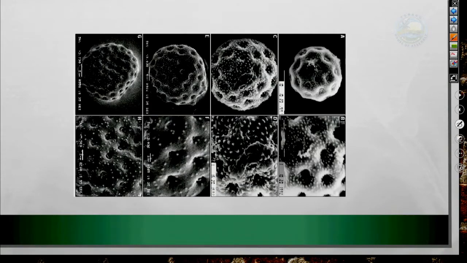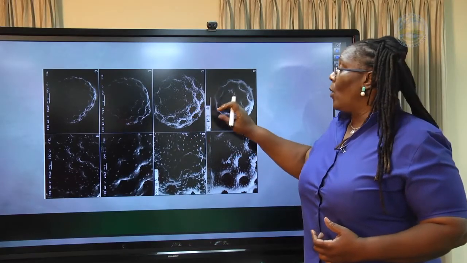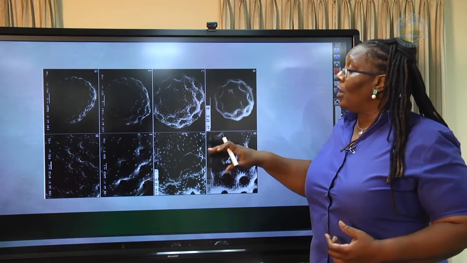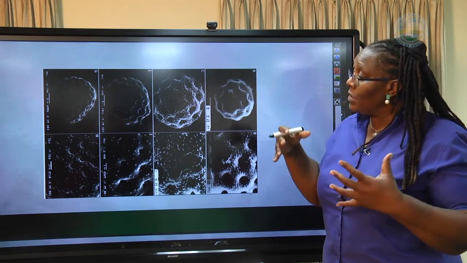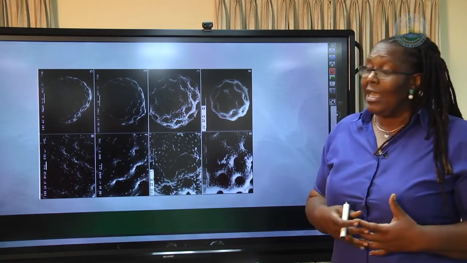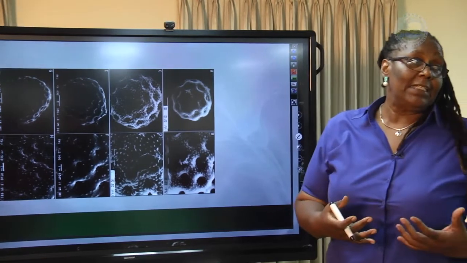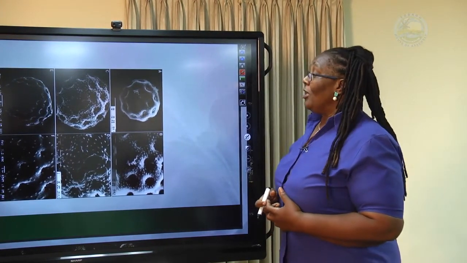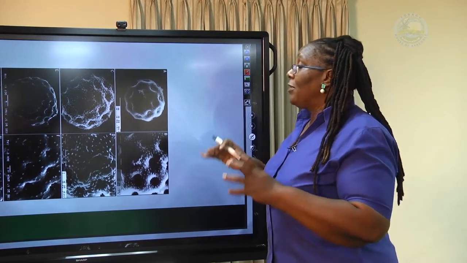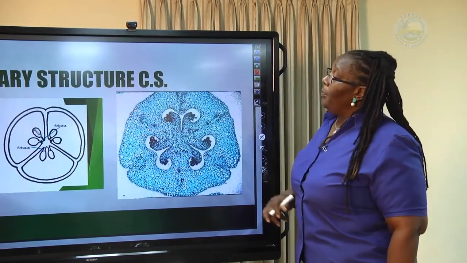Each pollen grain from each species actually has its own pattern. And so when this pollen grain lands on the stigma, there must be a certain amount of synergy. If the pollen grain pattern is off, it will not facilitate the pollination. It's that intricate. Good?